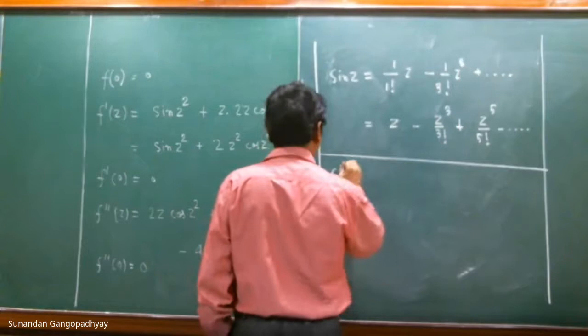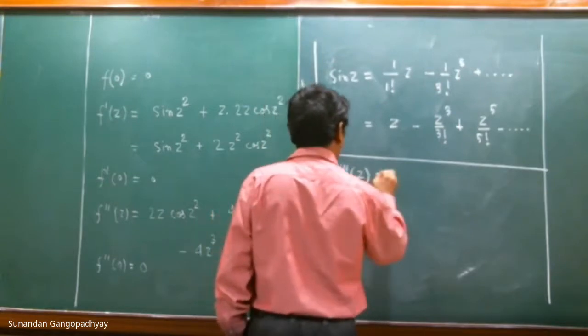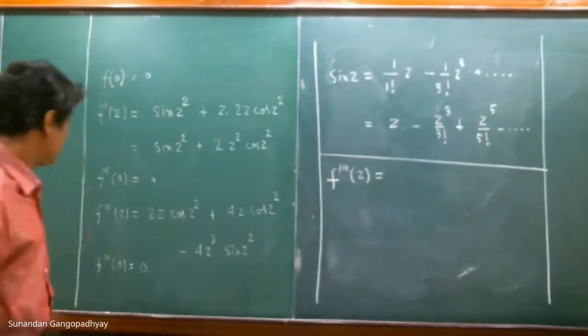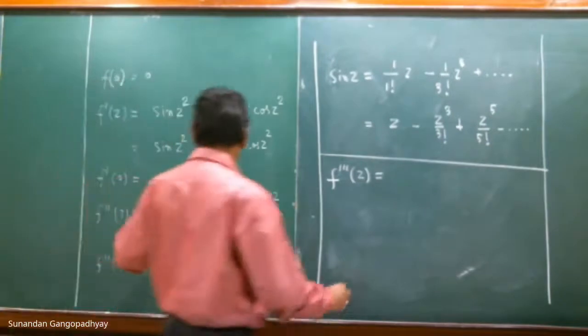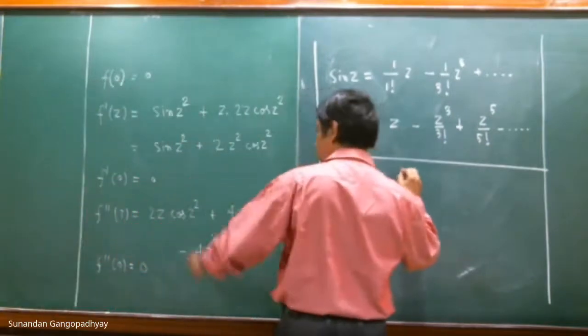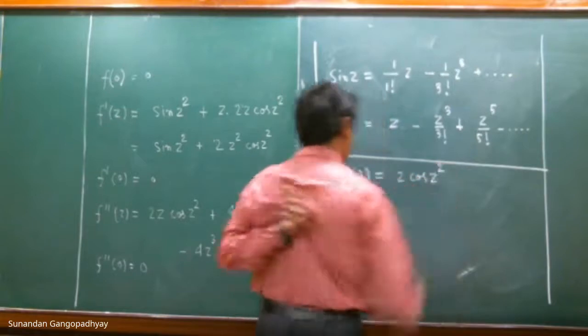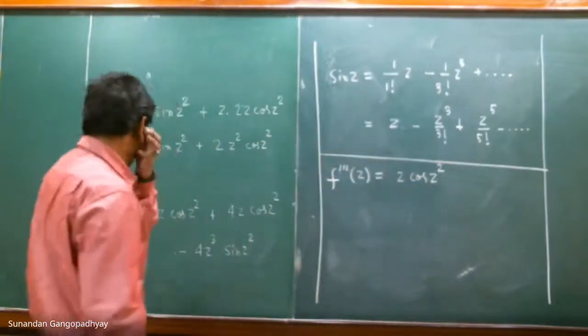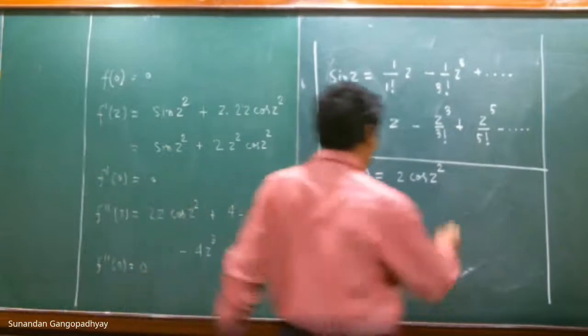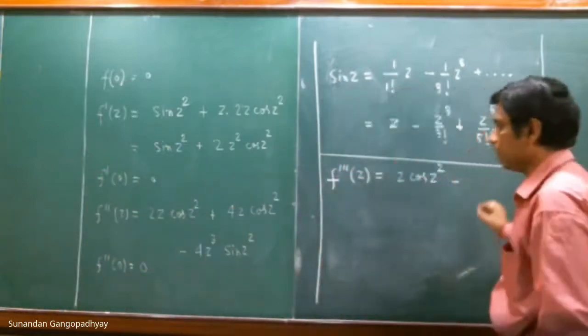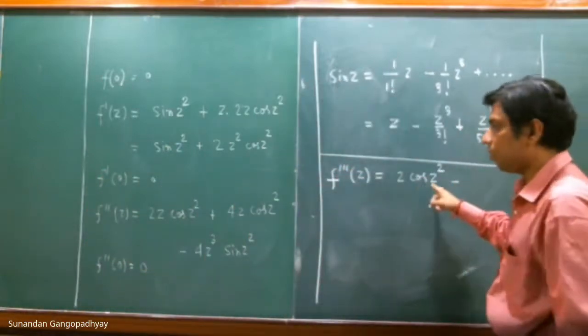What is f triple prime z? So this will give us 2 cos z square, and then we will have minus 2 cos z square.